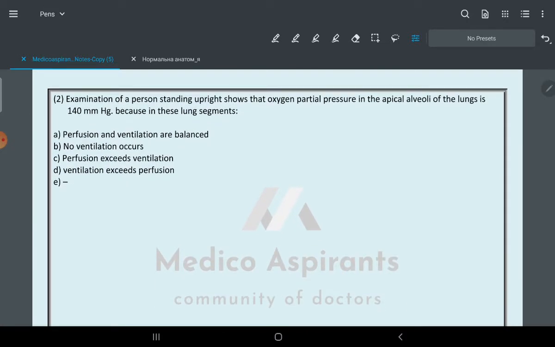The question says that examination of a person standing upright shows that the oxygen partial pressure in the apical alveoli of the lung is 140 mmHg, because of these lung segments. The way you can approach this question is, as I told you, to highlight or underline the things which give you the question concept.